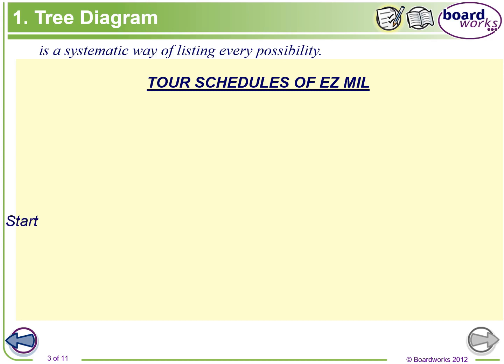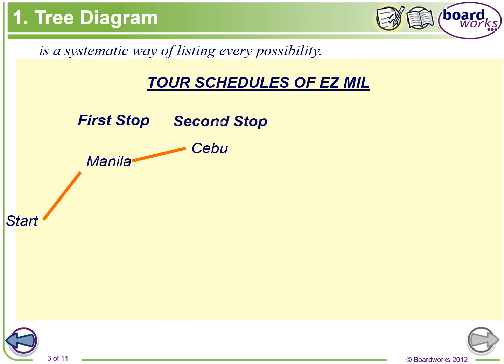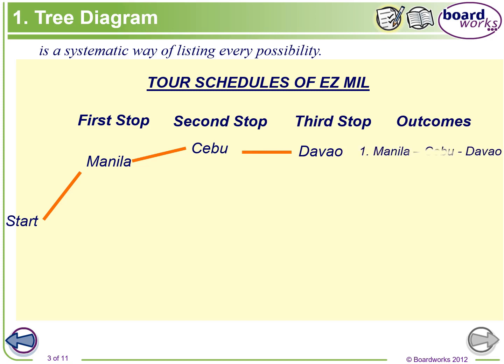If we're going to start, the first stop could be in Manila. The second stop could be in Cebu, while the third stop will be in Davao. So the first outcome is Manila, Cebu, Davao, the first tour schedule.